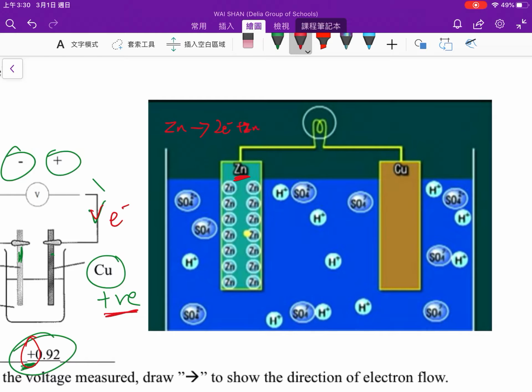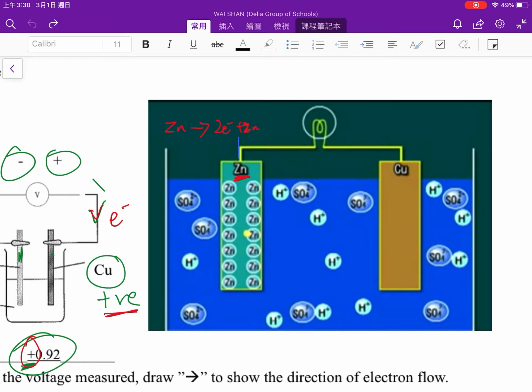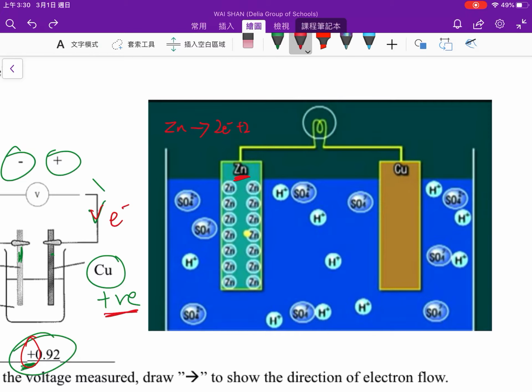So it must be the reaction taking place on the left hand side here. So the electron will come out and the electron will pass through the light bulb and then go back to copper, so that the copper will have some electrons on it.